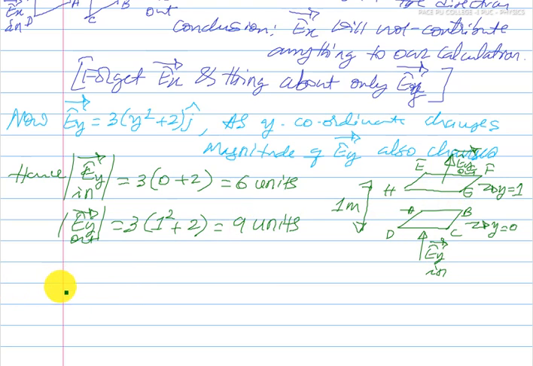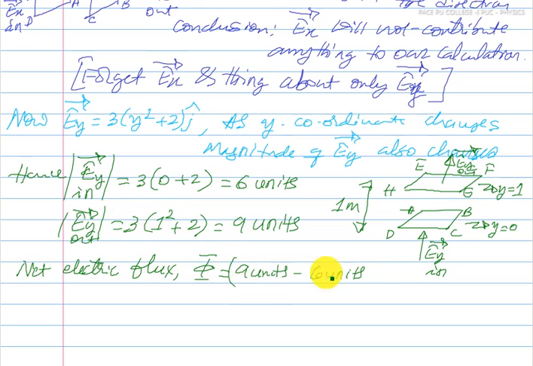Now use the net electric flux. Phi is equal to 9 units minus 6 units, into A. The dot product, cos theta, becomes 1 because the electric field is along the area vector, whether you choose the upper or bottom area.